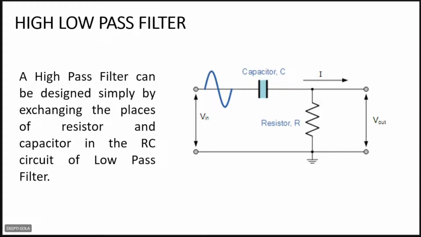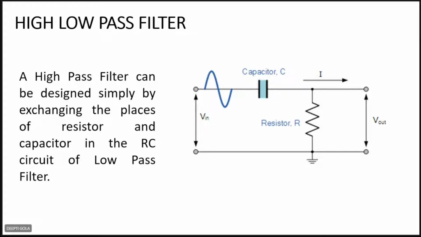So for infinite reactance, what will happen? This capacitor will act as an open circuit. Okay, so for the high pass filter, when the high frequency band is there, this capacitor acts as an open circuit, and whatever input we are giving will reflect at the resistor, or the output, as it is. All right.